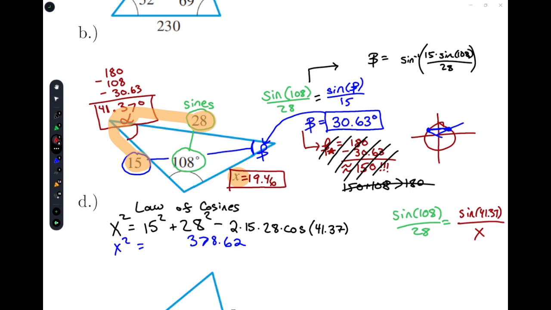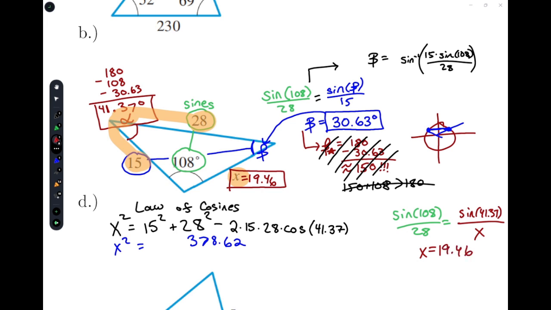That means 41.37 times 28 divided by sine of 108, close parenthesis, I got 19.46 for x here.